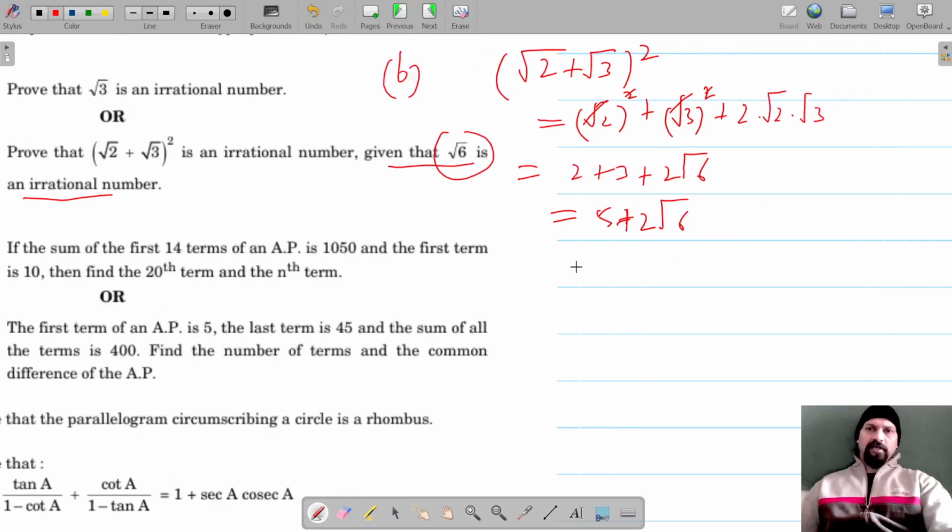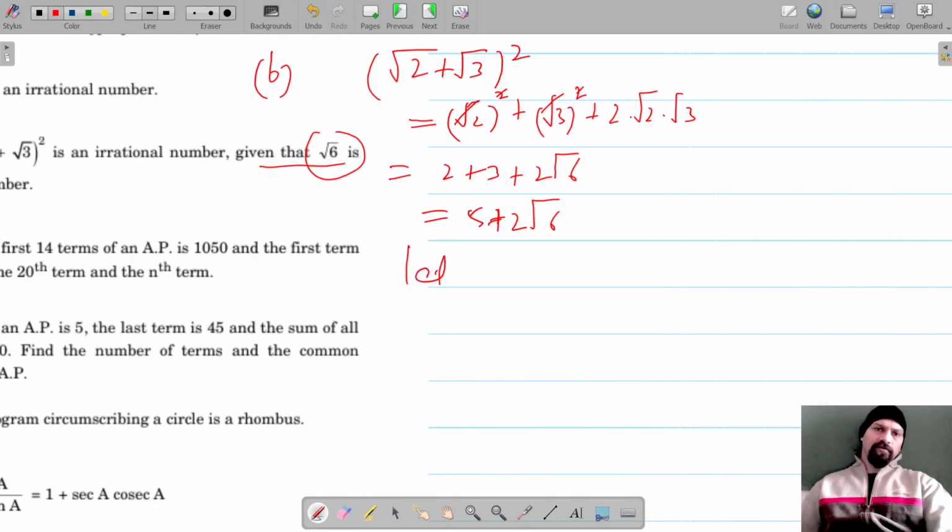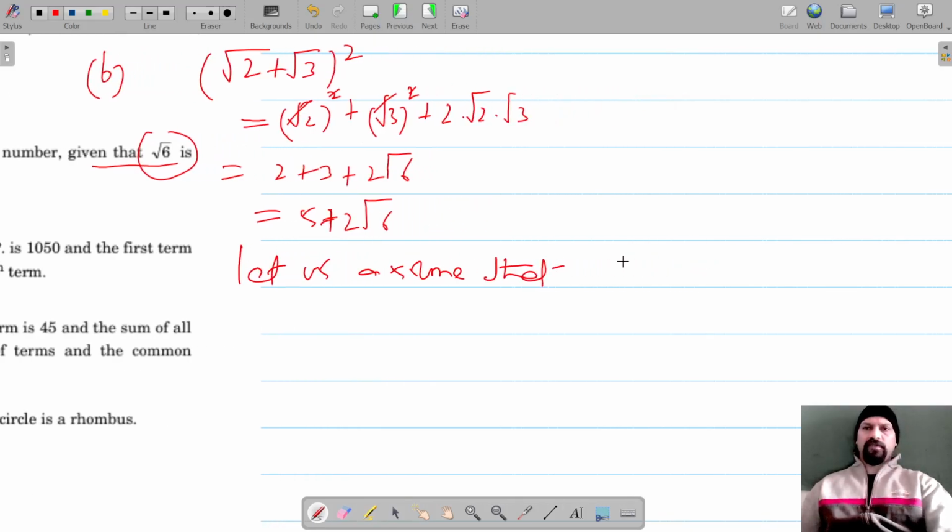And now let us follow the same procedure where we assume that 5 plus 2 root 6 is a rational number.